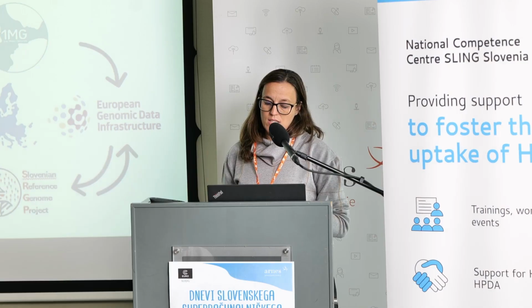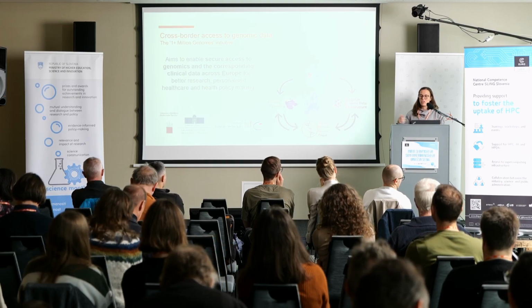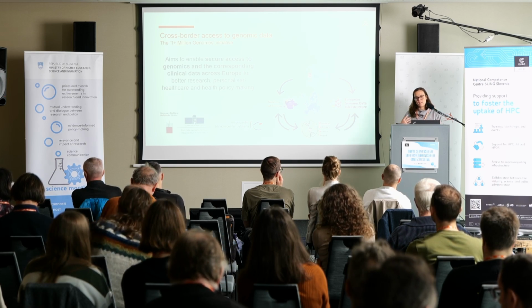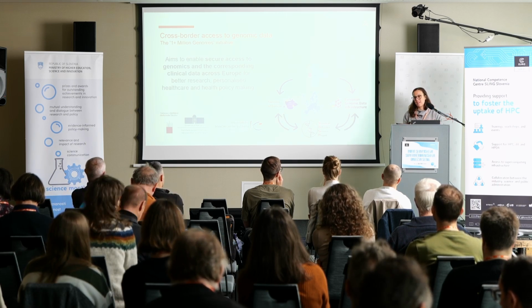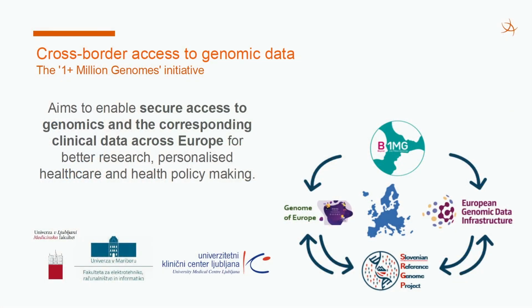To see what is abnormal and pathologic in our case, we need to know what is present in healthy populations. So we have a project funded by ARIS, the Slovenian Reference Genome Project, where the first goal is to sequence 500 healthy volunteers.